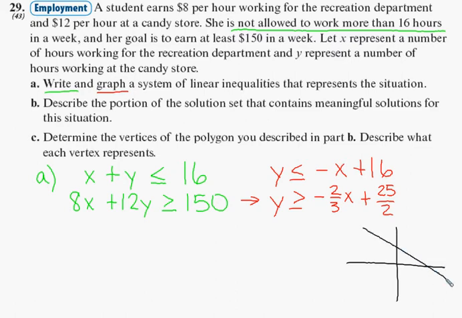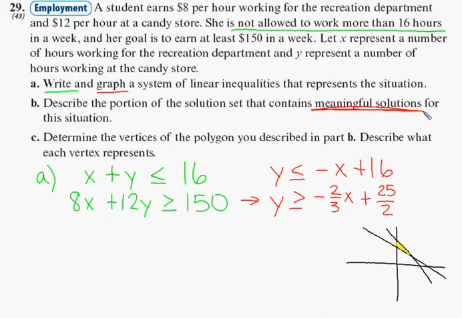You're going to have some kind of line like this and some kind of line like this. Okay? Now, if you shade it properly, the only place that will be double shaded will end up being right here. Now remember that that place that's double shaded is the place that will be true, that will create the true or the feasible options for her hour combinations. Okay? So it says describe the portion of the solution set that contains meaningful solutions. Okay?